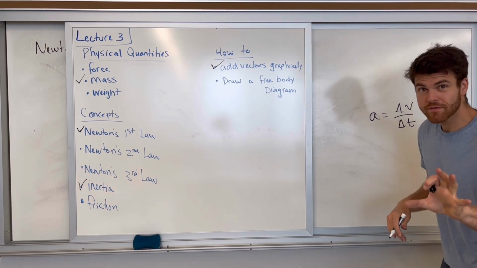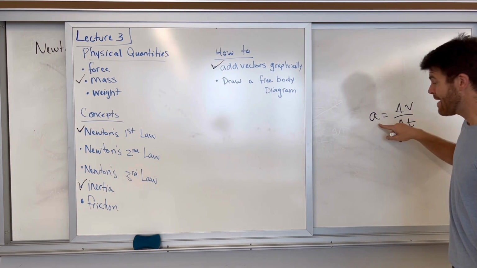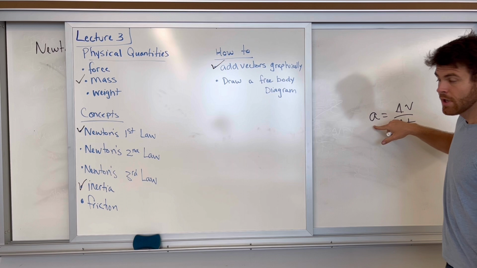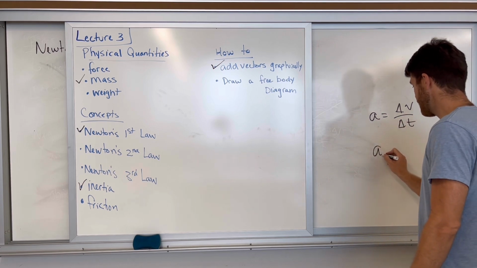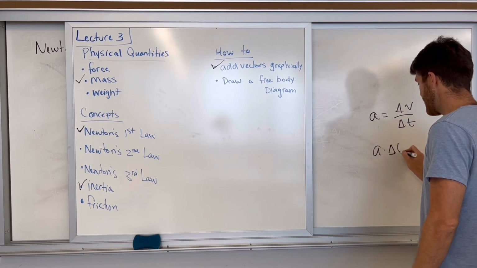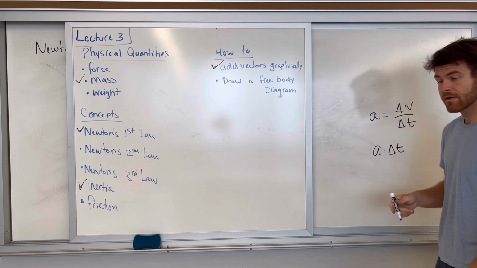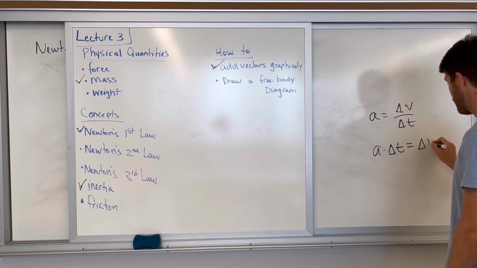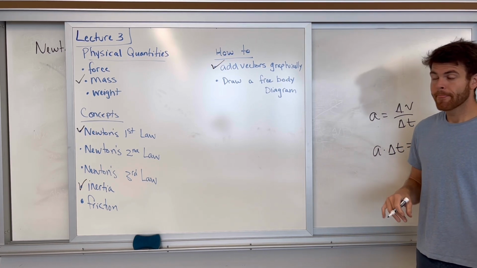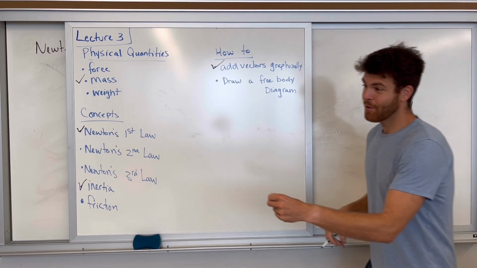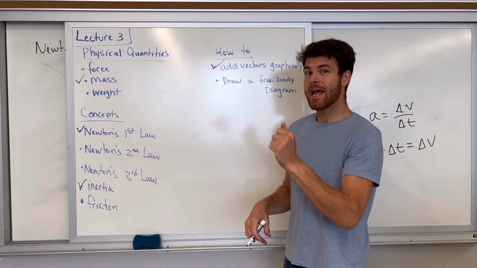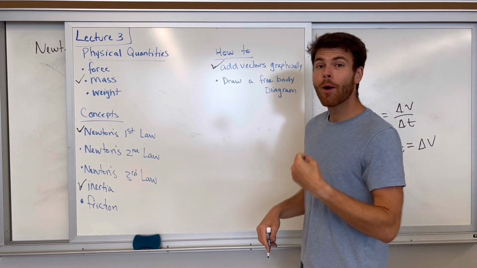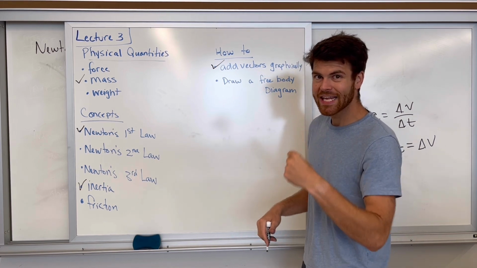And so if an object's velocity is changing, then that means it has an acceleration. And that acceleration multiplied by the amount of time it experiences that acceleration gives us the change in velocity. So if there is a net force acting on an object, that object is experiencing an acceleration.